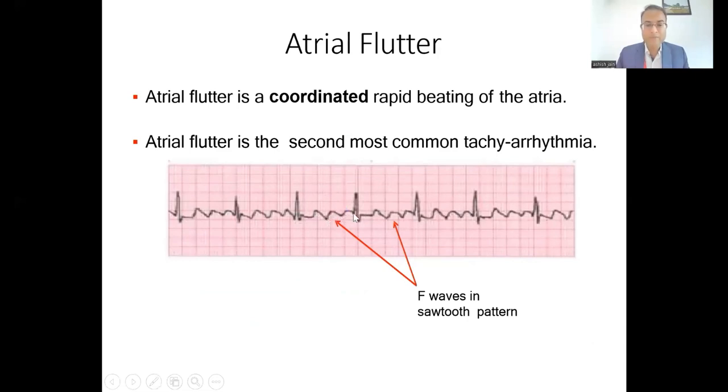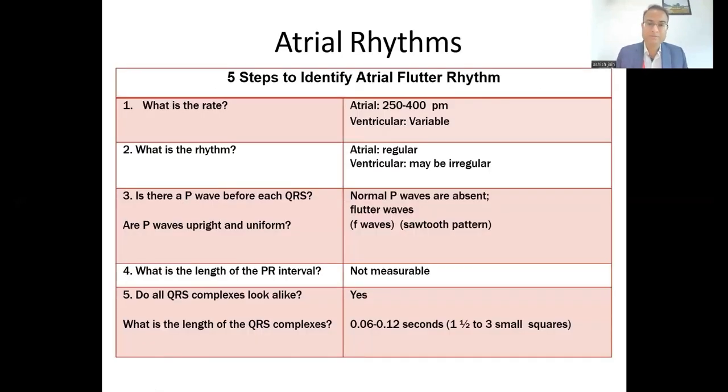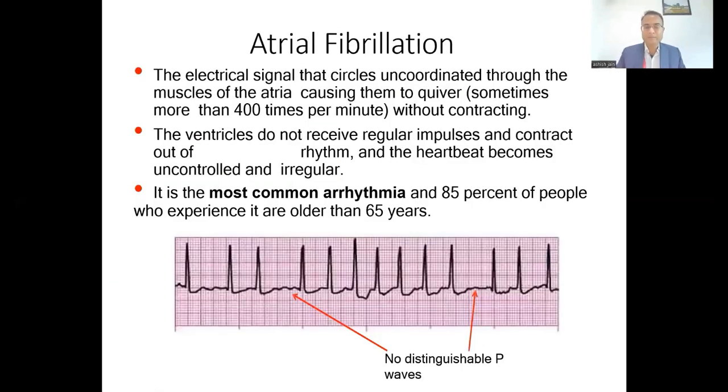We can see here a sawtooth appearance, because of the multiple P waves; there are 3 P waves. The rate of atrial contraction is around 300, but the rate of ventricular contraction is around 72. It is regular or maybe irregular. The PR interval we cannot calculate, but the QRS interval is normal.